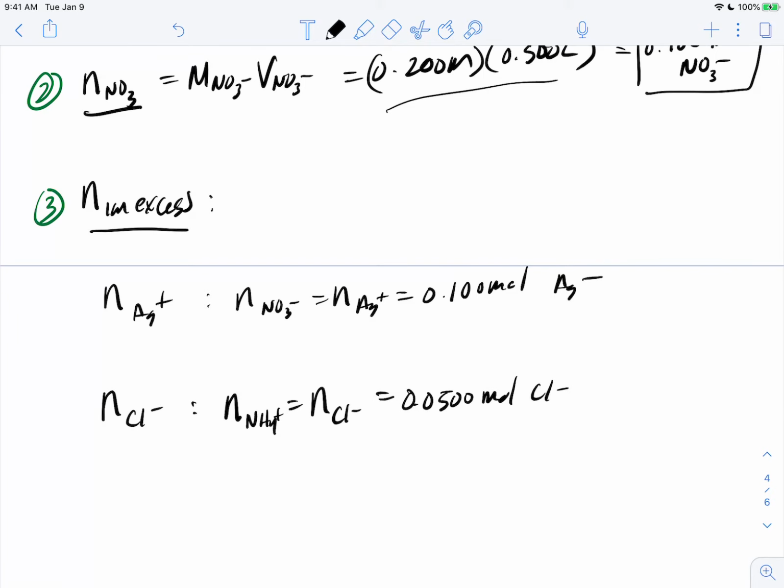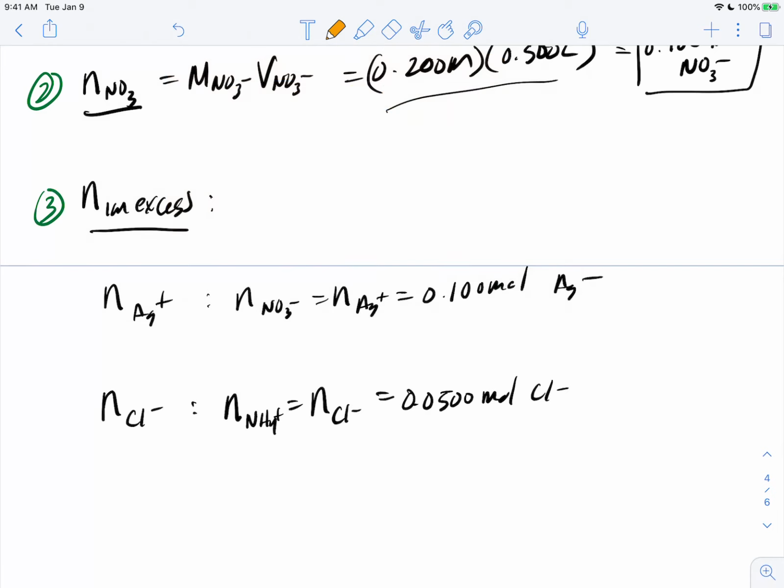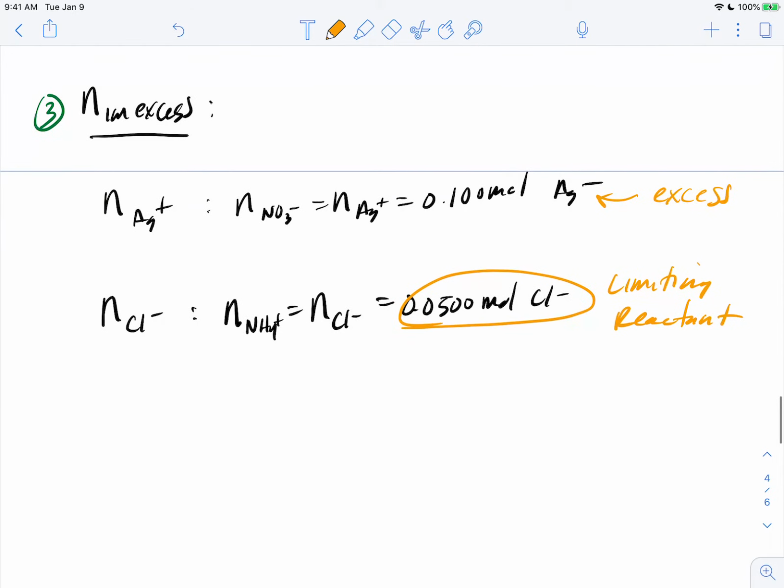Now, if you look here, we can see that silver chloride is a 1-to-1 relationship. That makes it easy, and I can see that I have less silver. So this is my limiting reactant. And so the other will be in excess, so I'll have Ag+ in excess. How much I have left over is pretty easy to find.